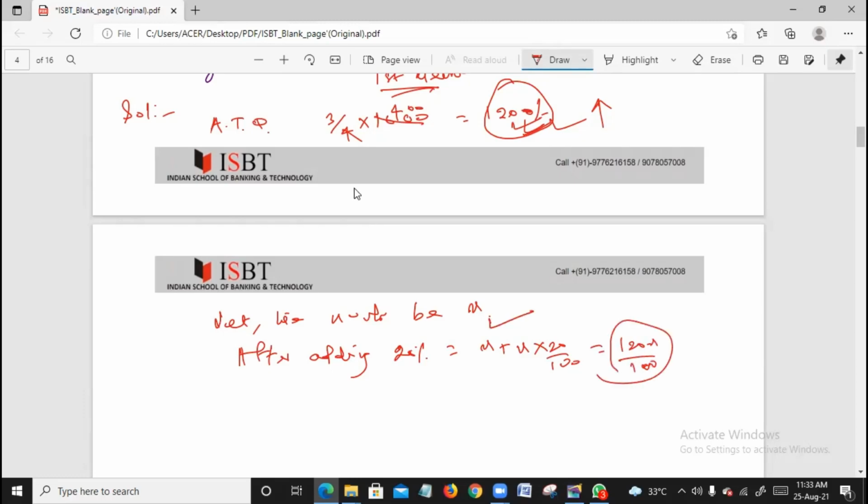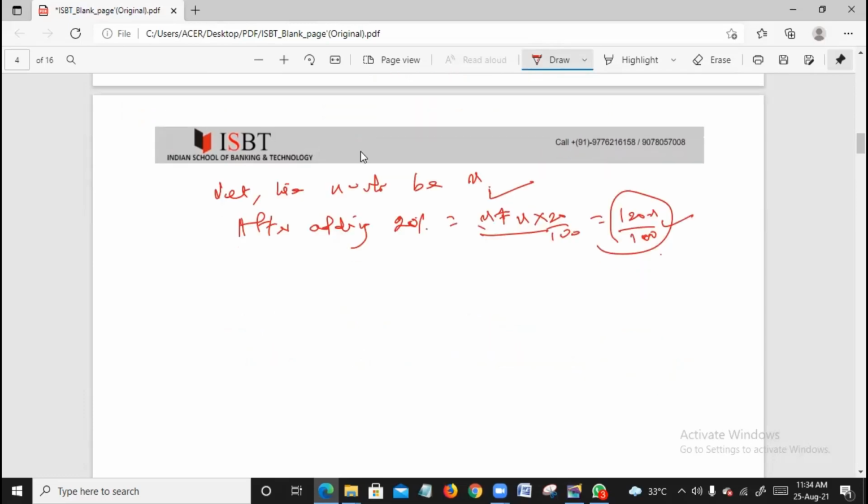After adding 20%, the number should be x plus 20% of x, that means 120x by 100. But the answer is 1200 according to the question. So we can write 120x by 100 is equal to 1200.